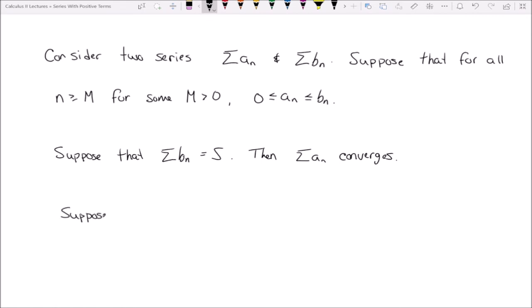Let's suppose instead that the series a sub n diverges. Then we must have that b sub n diverges. Otherwise, we would arrive at a contradiction.